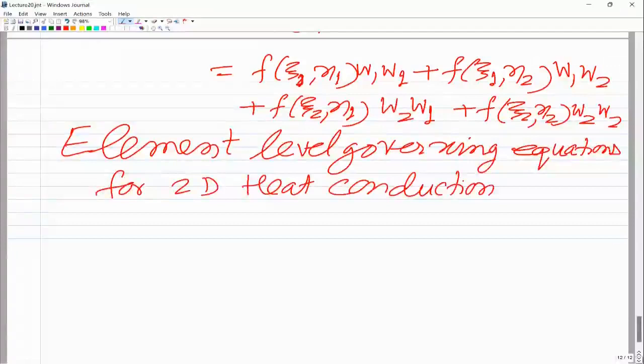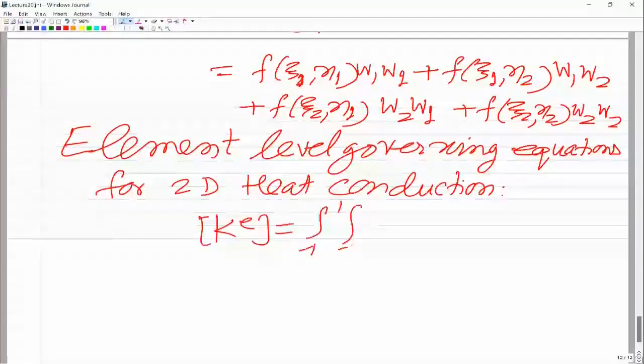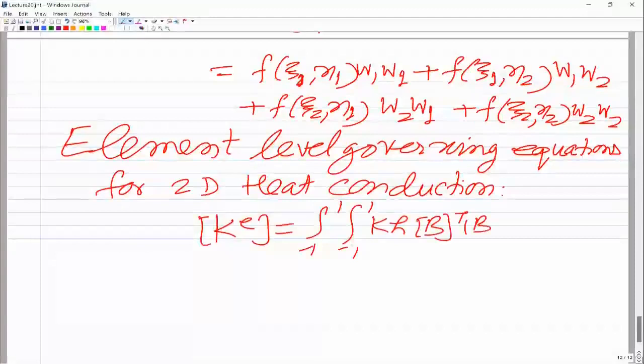So that equation you already know: k e d equal to f external plus f internal. We know that k is the integral from minus 1 to plus 1, minus 1 to plus 1, of k into thickness h into B transpose B into determinant of the Jacobian J d xi d eta.